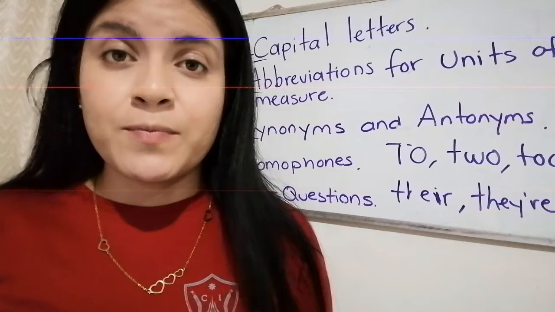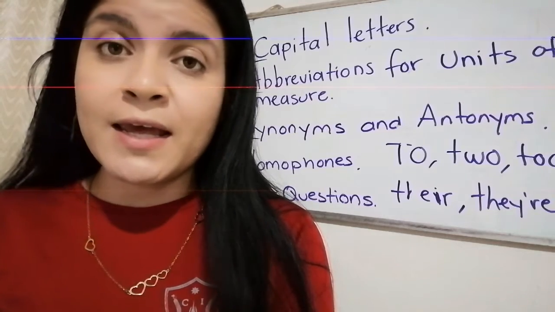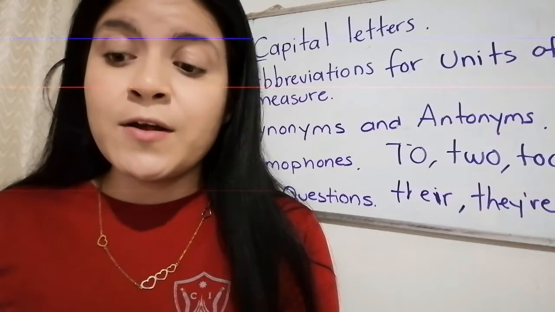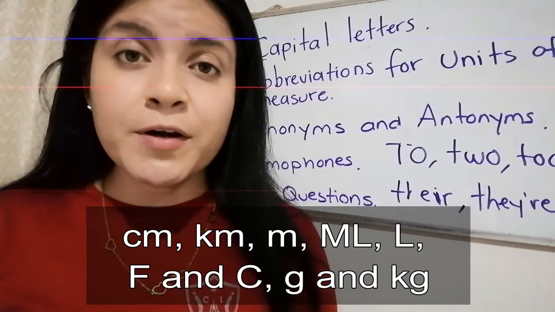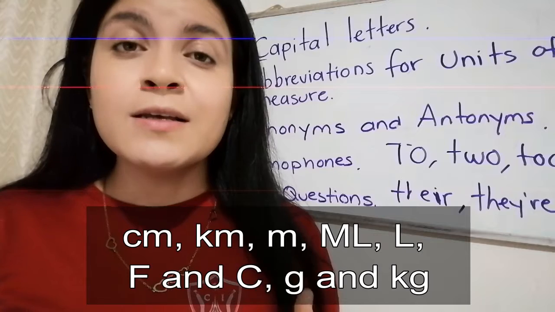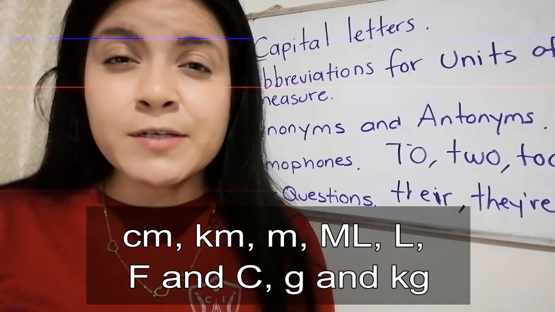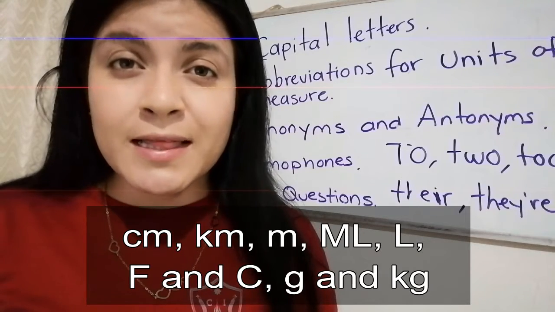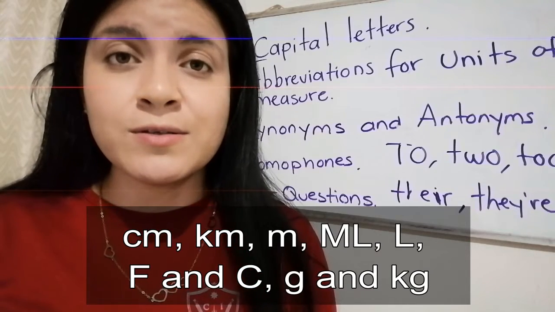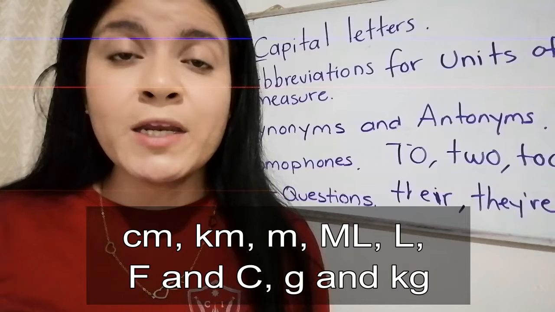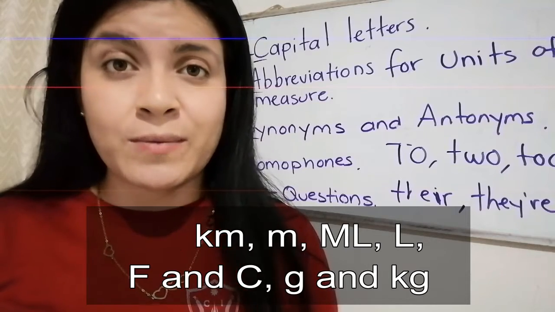For example, we have the abbreviation of measure, centimeters, kilometers, meters, millimeters. For liquids, liter. For temperatures, we have Fahrenheit and Celsius. And for weight, we have gram and kilograms.